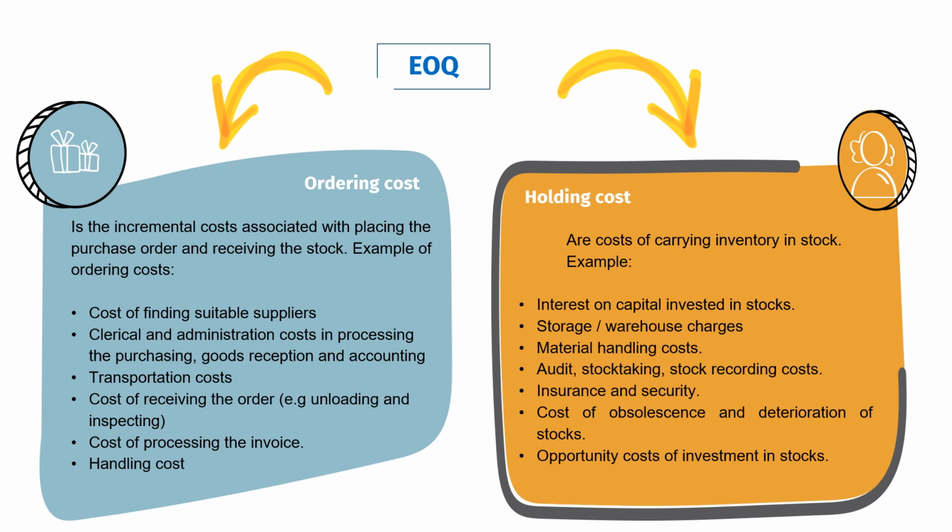We might have borrowed to purchase the stock, so the interest on the money that we invest in buying the stock is part of the holding cost. And then the storage or warehouse charges, the material handling costs, the audit, stock taking and stock recording costs, then the insurance and security costs, obsolescence and deterioration of the stock, and finally the opportunity cost of investment in stock.